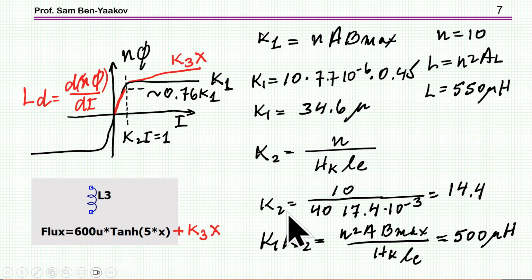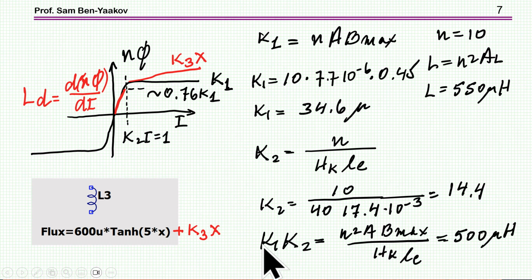So the inductance for 10 turns is 10 squared times 5.5 microhenry, which is 550 microhenry. This is just the value from the data sheet. Now K2 is also given, so I can calculate it, and it comes up to be 14.4. Actually, it's 1 over amp, but let's leave the units alone here.